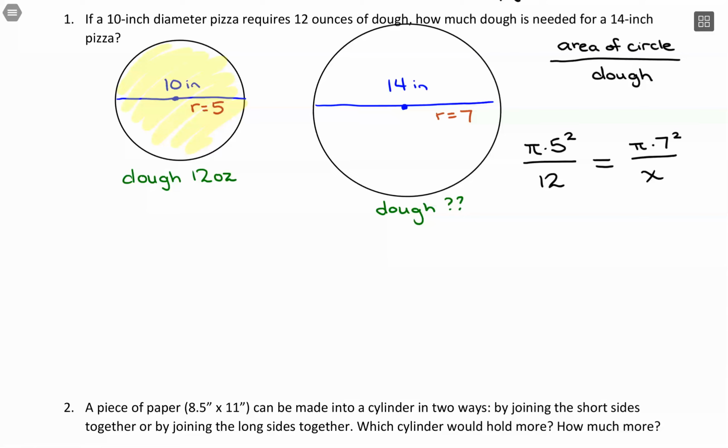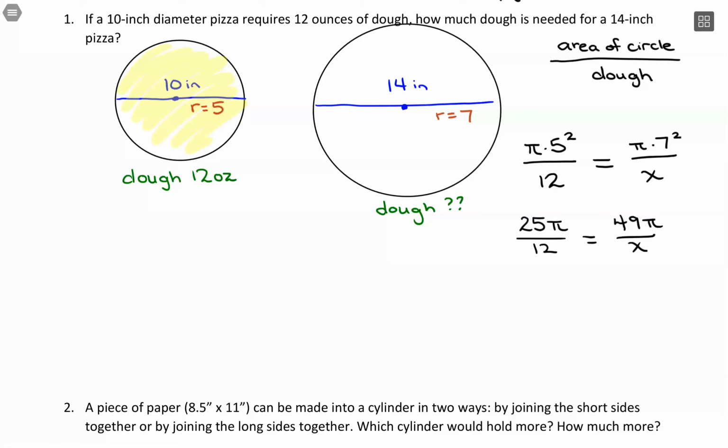So I'm not going to multiply anything with pi yet. I'm going to keep this as 25 pi from that 5 squared, divided by 12, equals 7 squared, which is 49 pi, over x.